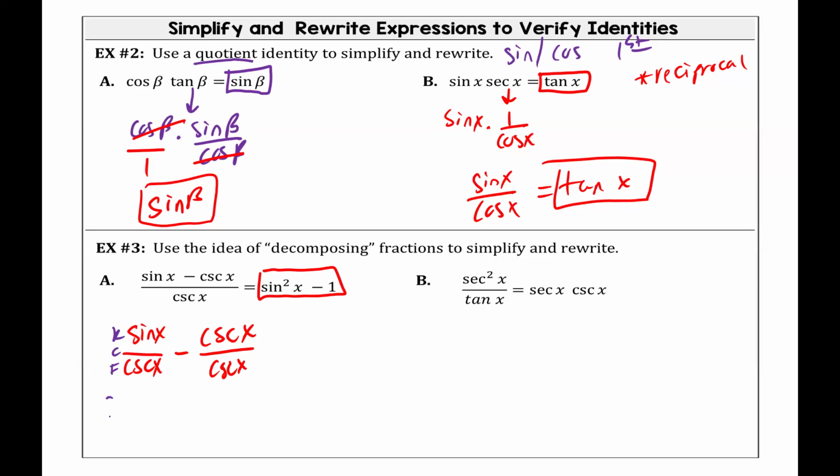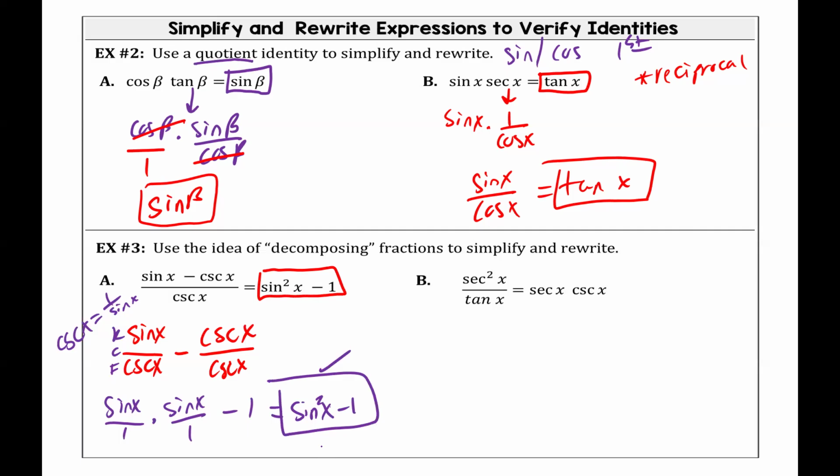So we have sine x over 1 times, and what does cosecant x equal? It equals 1 over sine x. So when we flip it, it becomes sine x over 1. What is anything divided by itself? 1. So did we prove it? And done. Proved it.